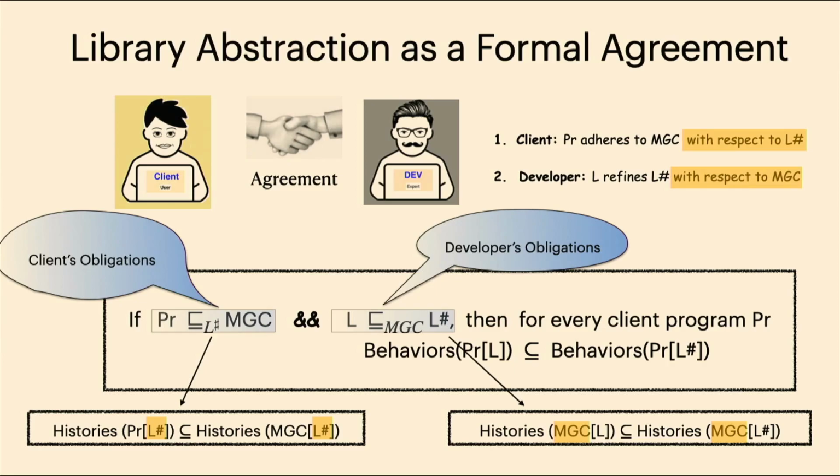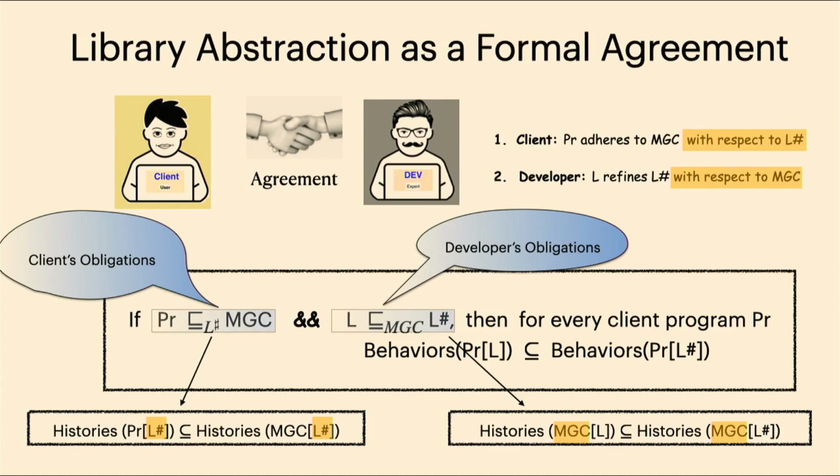This is the client's obligation, which ensures that all the histories of the program using the specification are in the scope of MGC, so they are covered by MGC. The developer's obligation ensures that all the histories of MGC using the implementation can also be produced using the specification. This is what the developer has to do, and we call it: the implementation refines the specification with respect to MGC.